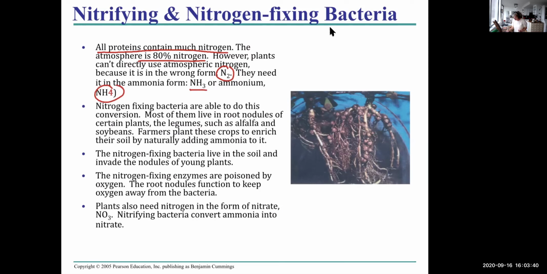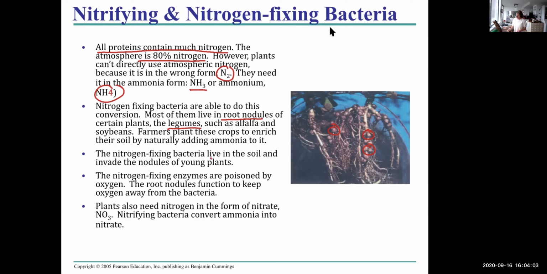Where do they live? They live in these little nodules. You can see them here, little nodules in the plant roots, particularly in legumes like alfalfa and soybeans. Farmers can plant these crops purposefully to enrich the soil with nitrogen.